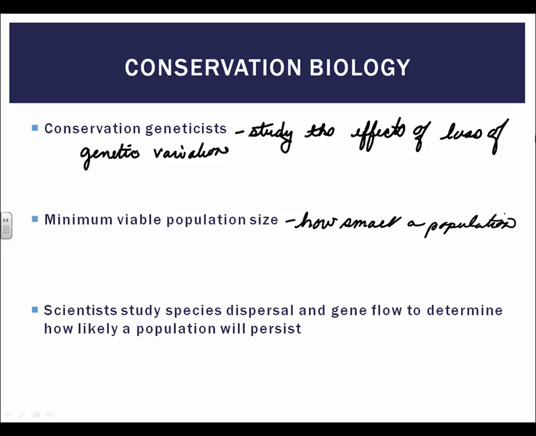So what's the smallest size? How small can a population become before it runs into problems such as extinction? So scientists are studying species dispersal and gene flow. How do genes move from different locations? How do species disperse to determine how likely a population will persist or not?